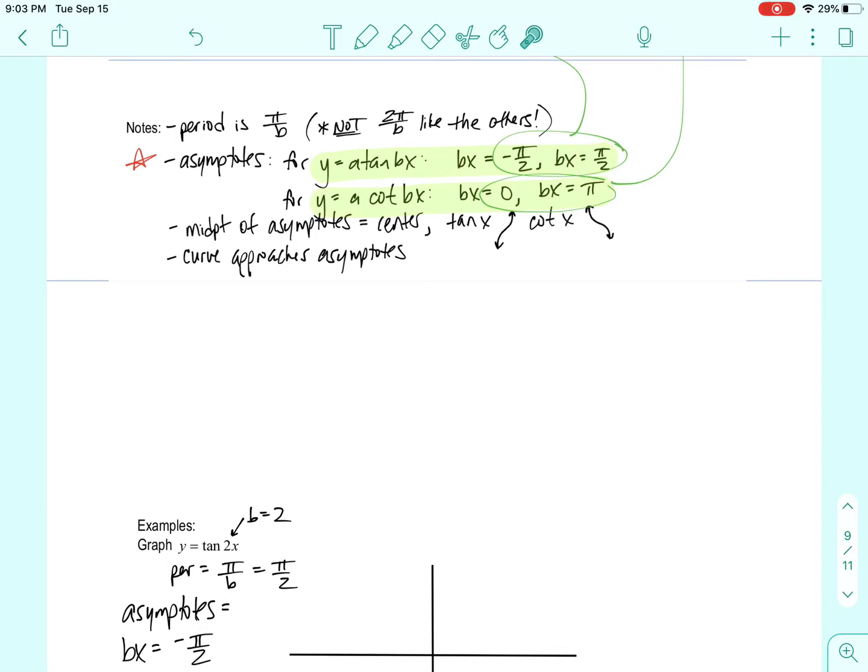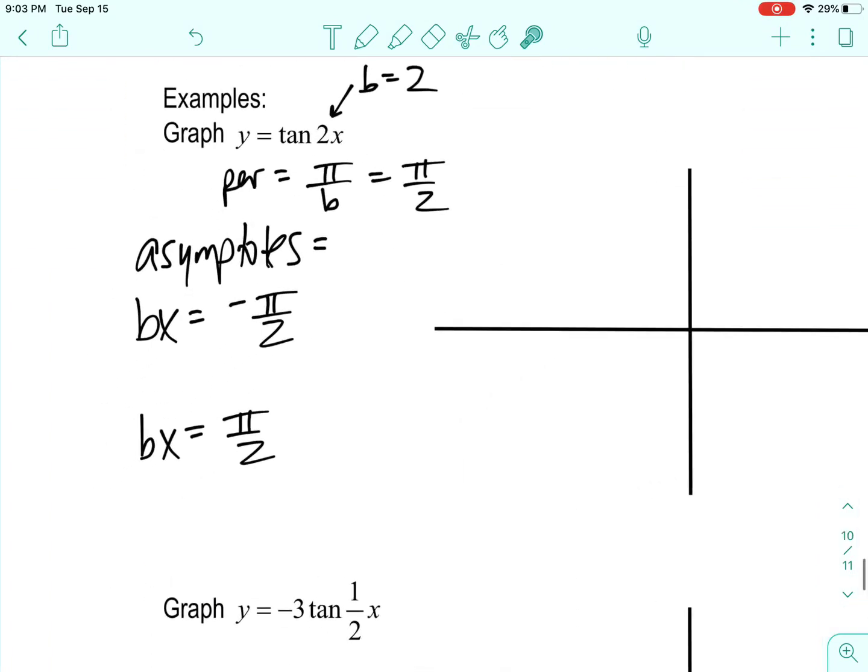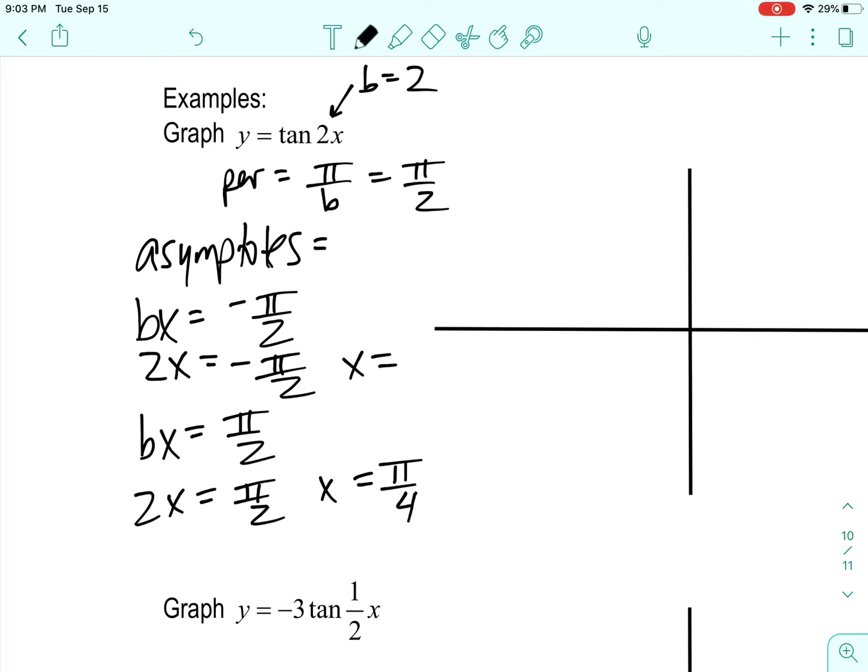You can look that up on your unit circle. At pi over 2 and negative pi over 2, you should have written UND for undefined for the tangents. And so remember, my b is 2, so all I need to do is plug in 2x equals negative pi over 2 and 2x equals pi over 2. This gives me x equals pi over 4 and negative pi over 4.